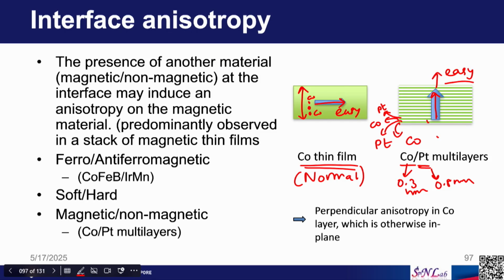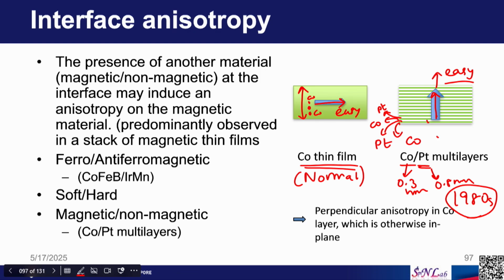Somewhere in the 1980s, people found out that when you deposit multilayers of cobalt and platinum for certain thickness, you can have the magnetization in the perpendicular direction, and this type of anisotropy is called interface anisotropy, because you are creating interfaces.